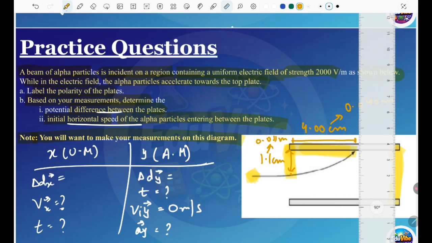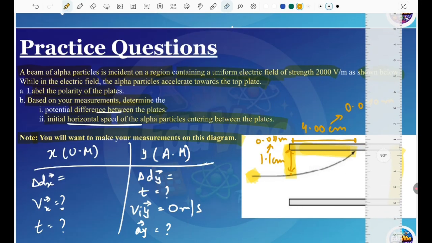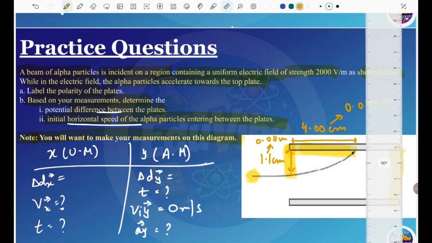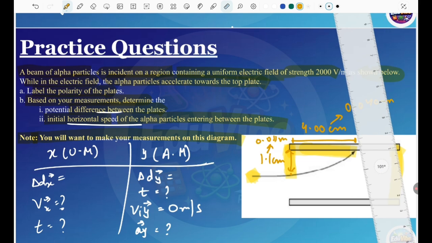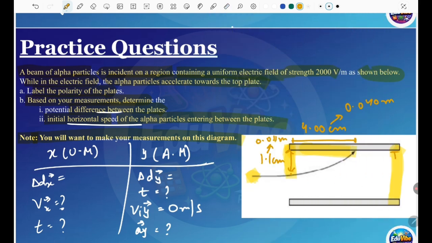And lastly, you have to find this too. From here to here you get something about 2.0 centimeters, which in meters is 0.020 meters. So that's all the elements you have to measure.